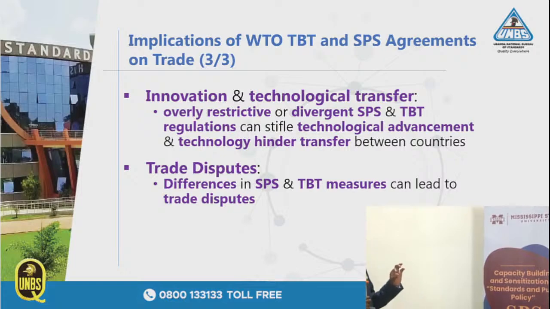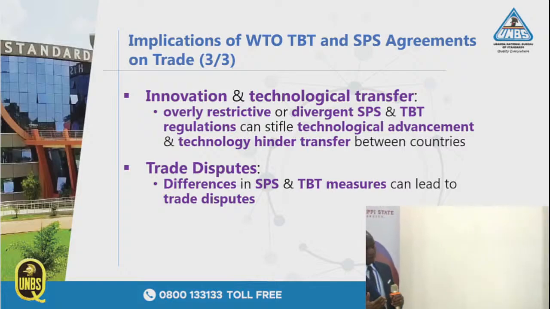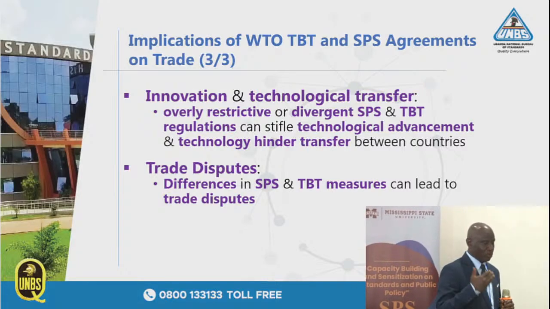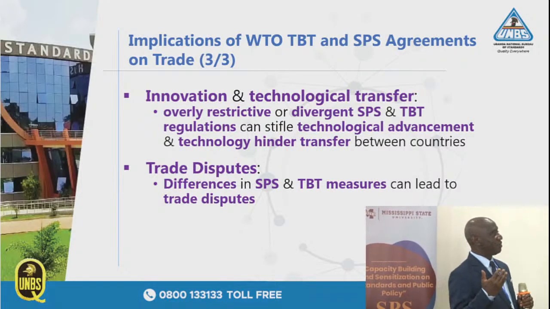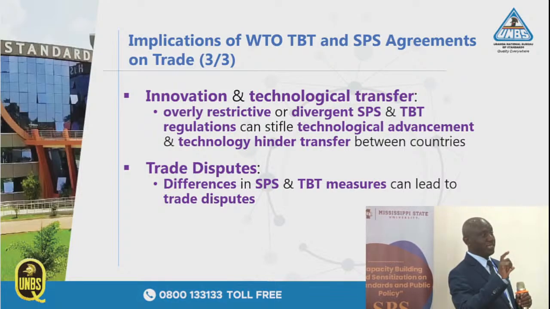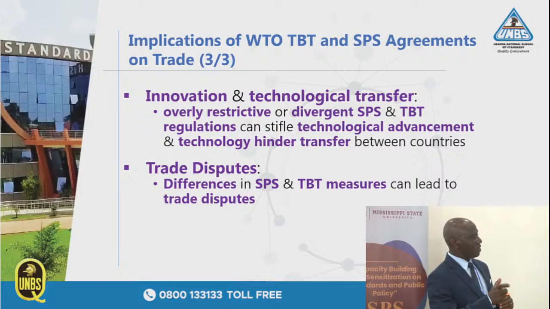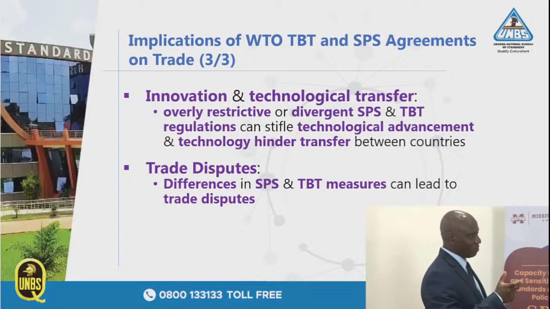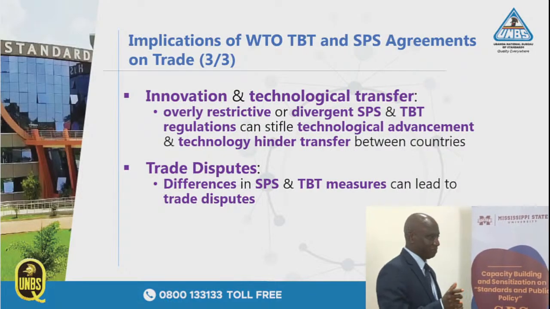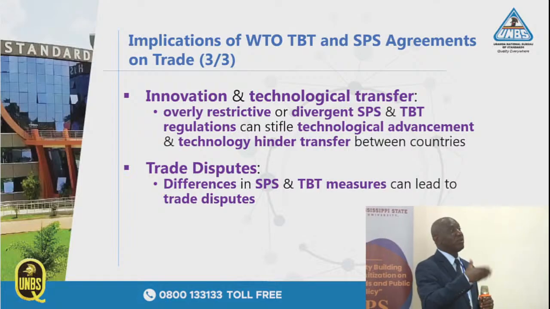I would be more interested probably to learn from Diana, now that we have a subcommittee on SPS at AfCFTA, which is discussing specific trade concerns, supposing those concerns are not resolved by the subcommittee, then what will follow?